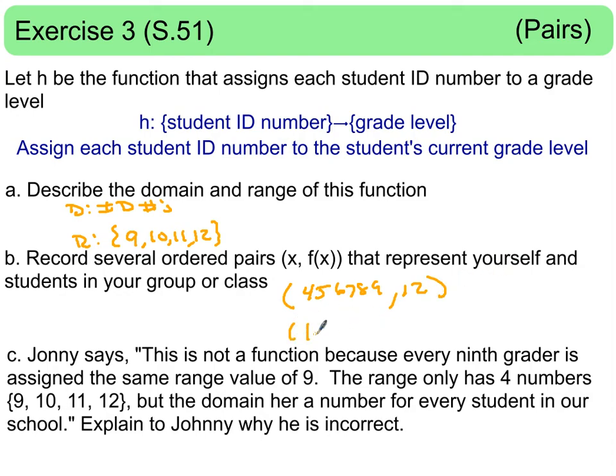Or you might say ID number 123456 might be assigned to 10th grade. And so this just gives you the idea to practice and realize that these are our x's or our domain, and these are our y values, which is known as our range.